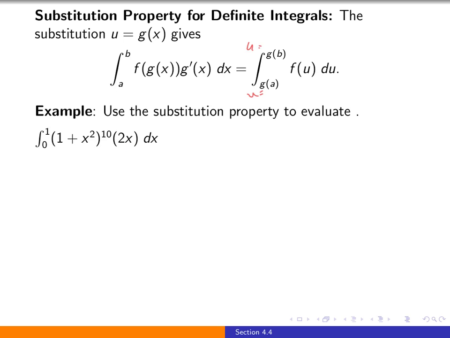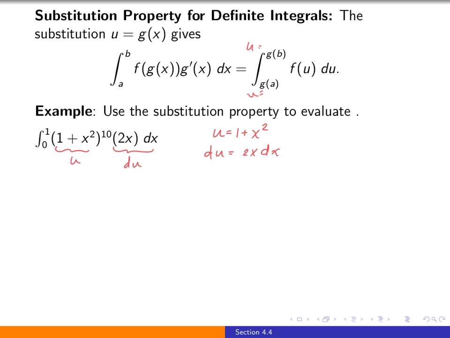So I am going to let u be equal to 1 plus x squared. Then its differential du is the derivative of 1 plus x squared, 2x, times dx. So the 1 plus x squared becomes u, the 2x dx becomes du.